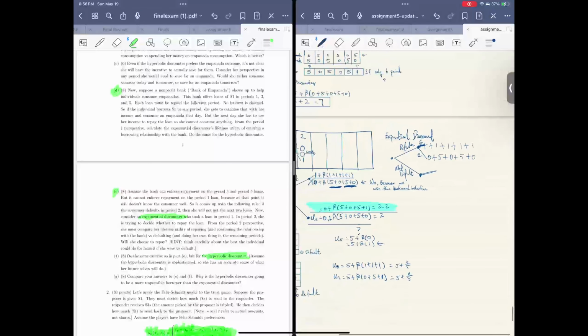So in period 2, the exponential will be different because in period 1, he already saved. So if he saved, he can consume right now, and then 0 plus 5 plus 0 plus 5. Oh no, plus 0. Yeah, okay, this is correct.